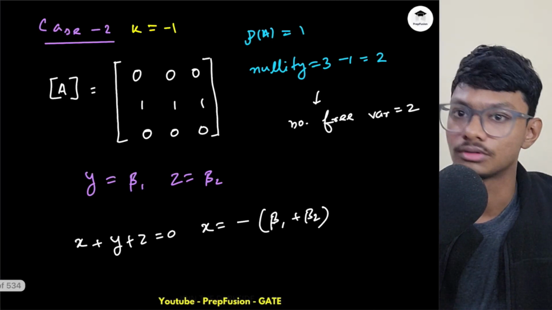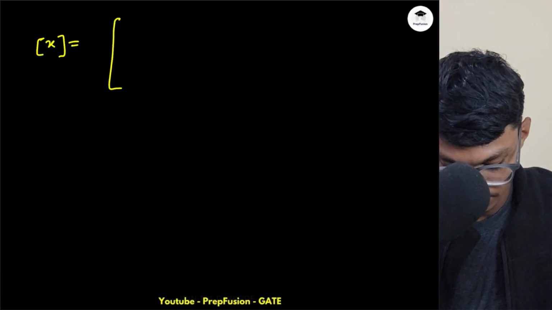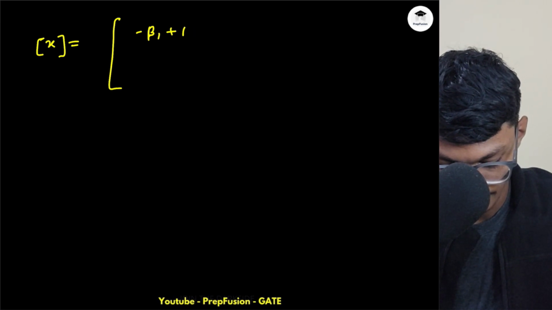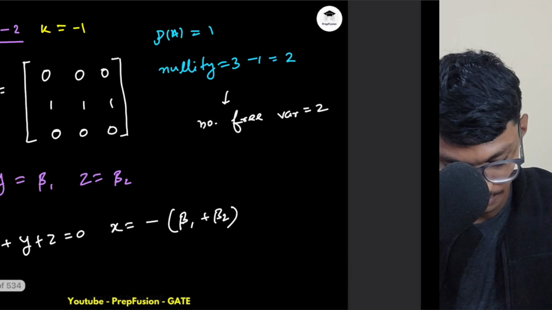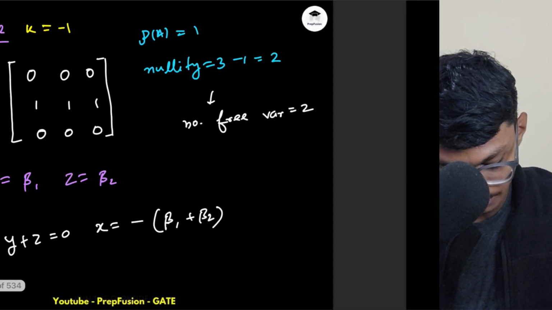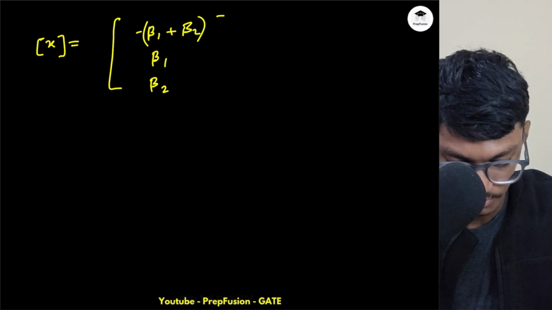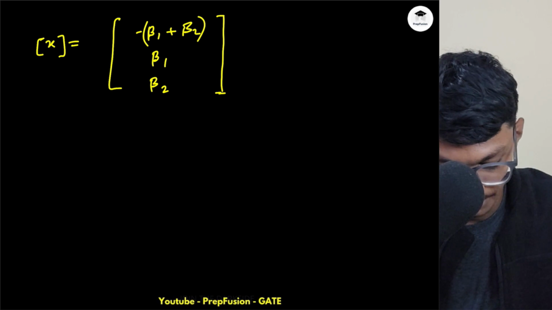So this I can write as minus beta 1 plus beta 2, then y is beta 1, and z is beta 2.